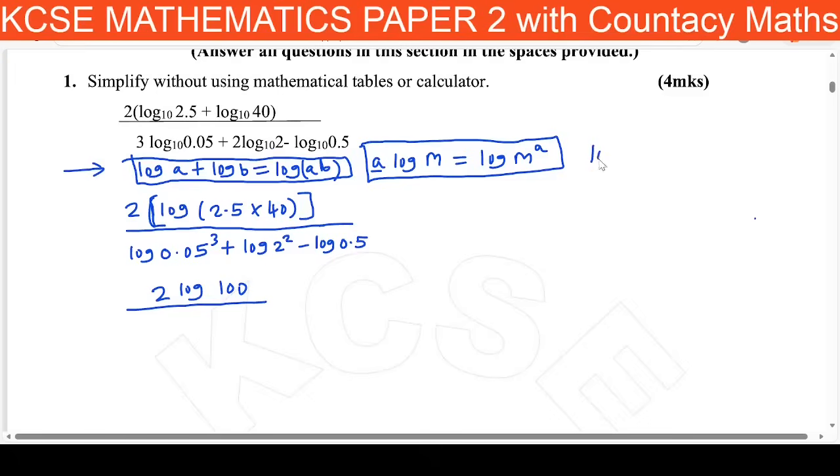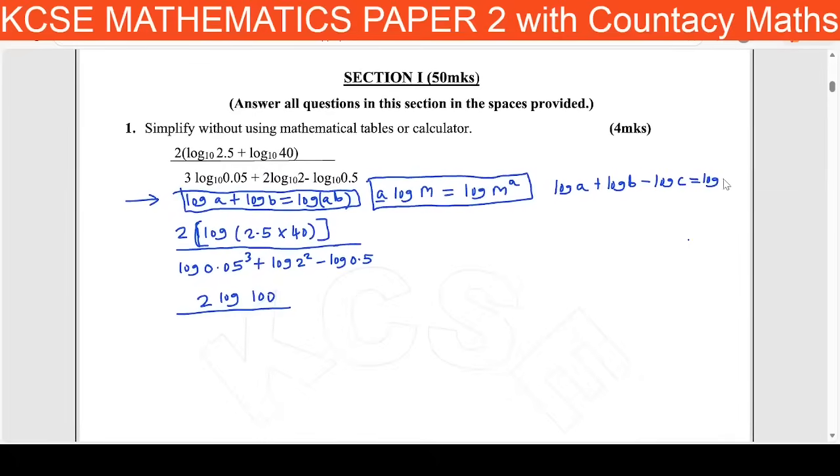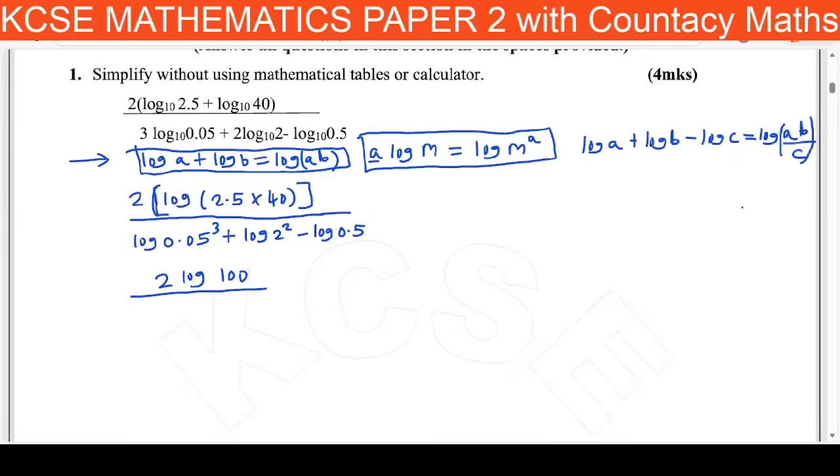Whenever you've got a case like log of something added to something, and then it is minused by log of something, this one will always be equivalent to logarithm of these two numbers that are here divided by the number that has been subtracted. This is another law of logarithm that we really need to also study and really understand.